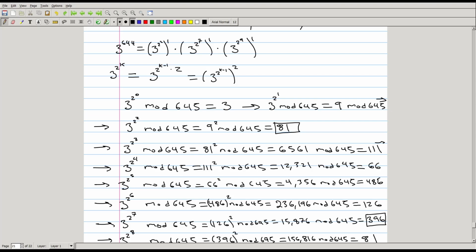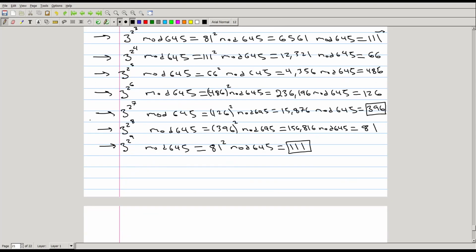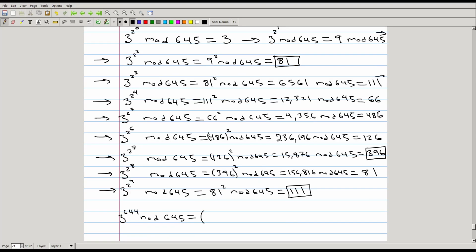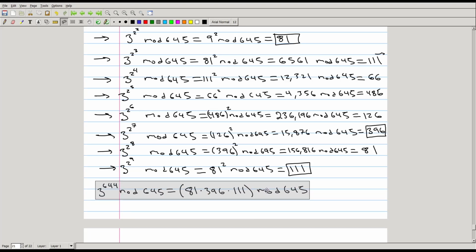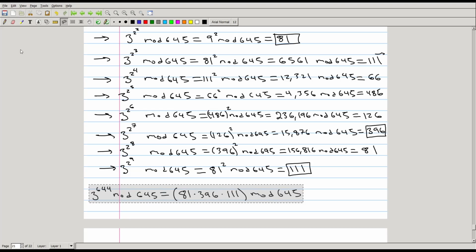And so from our formula in modular arithmetic, we have that 3 to the 644 mod 645 is going to be 81 times 396 times 111 mod 645, which is a multiplication that we can break down into two parts.